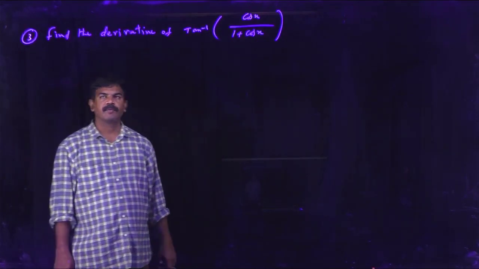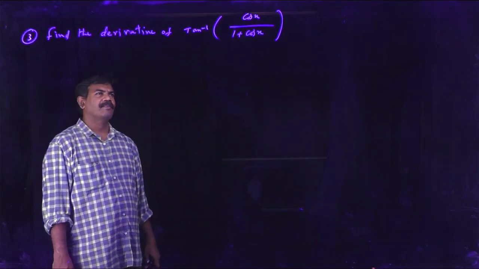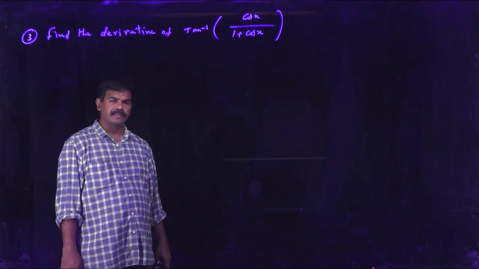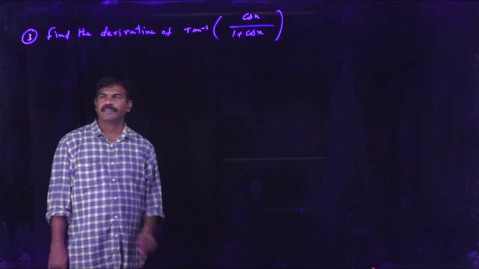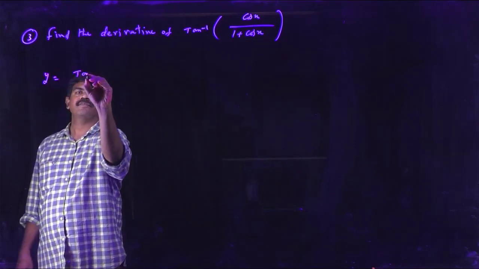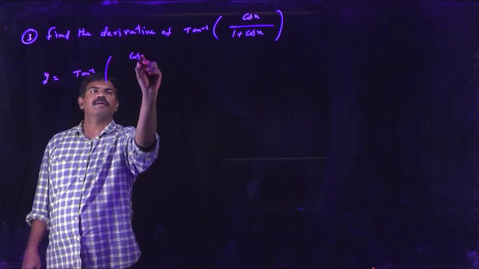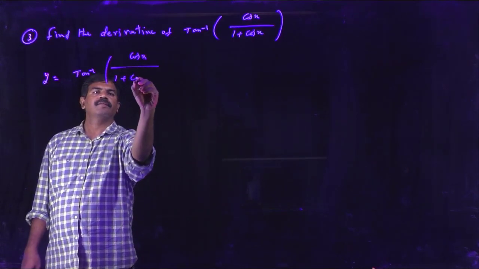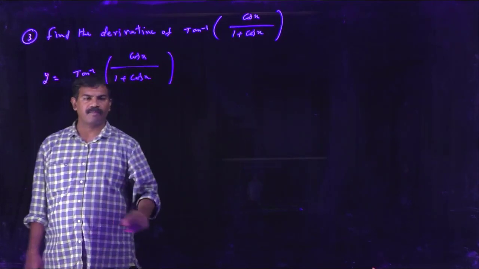See another problem. Find the derivative of tan inverse of cos x by 1 plus cos x. First we take the function, that is y is equal to tan inverse of cos x by 1 plus cos x.